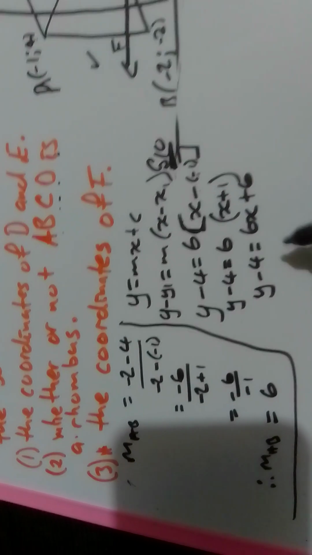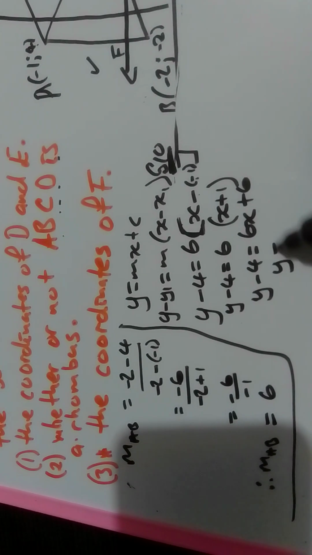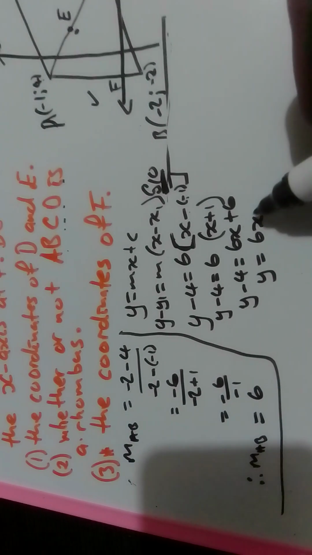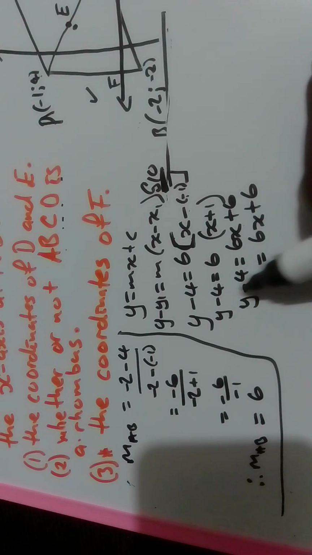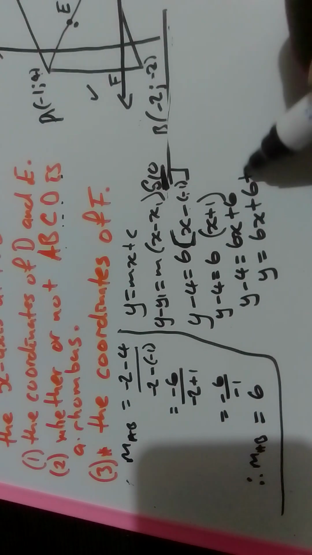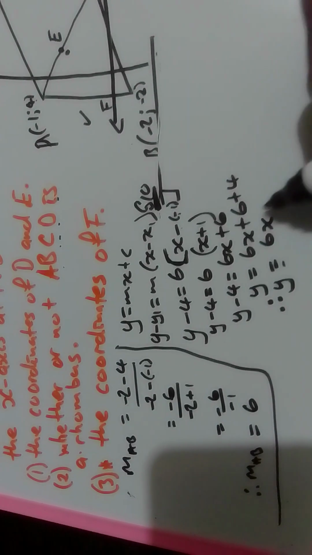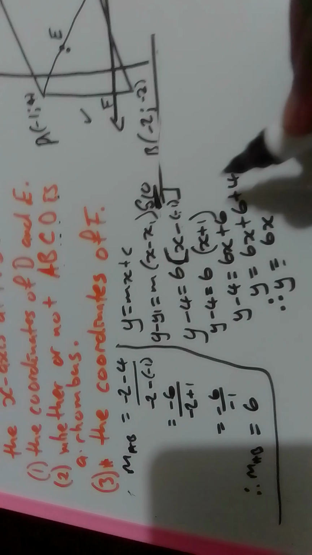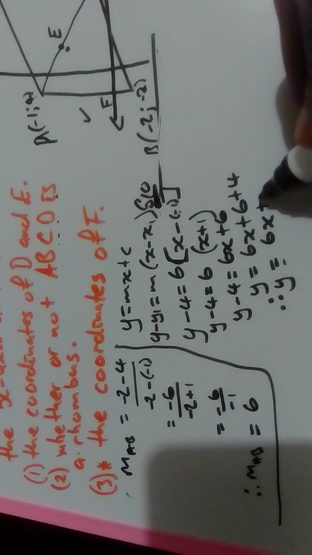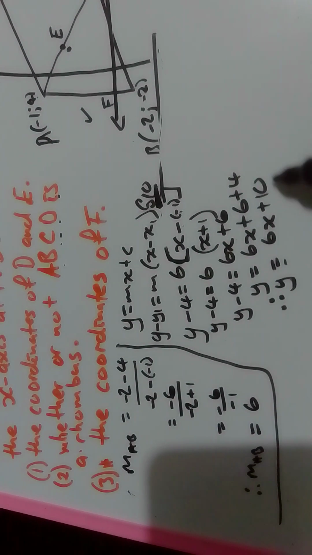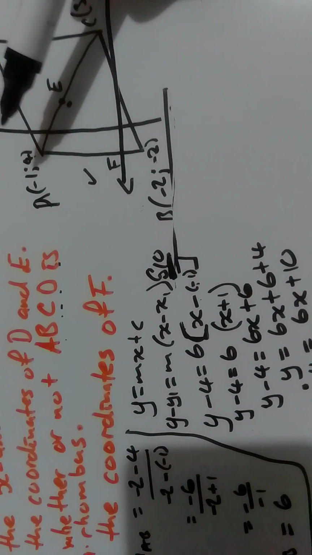Only now do I get to transpose the -4. So now I've got y is equal to 6x plus 6. It was a negative; when you transpose it, it becomes a positive 4. Therefore y is equal to 6x, and 6 plus 4 is equal to 10. Plus 10. This is the equation of this line AB.